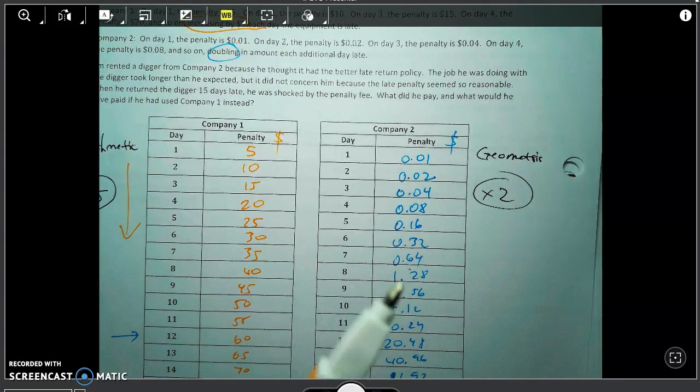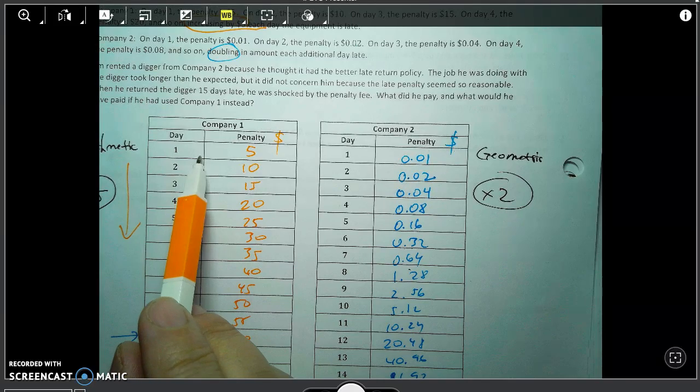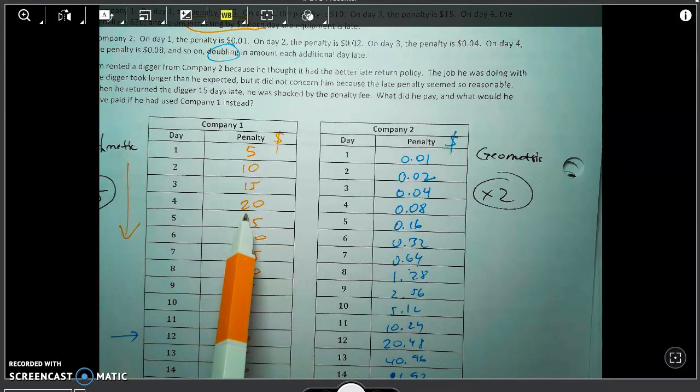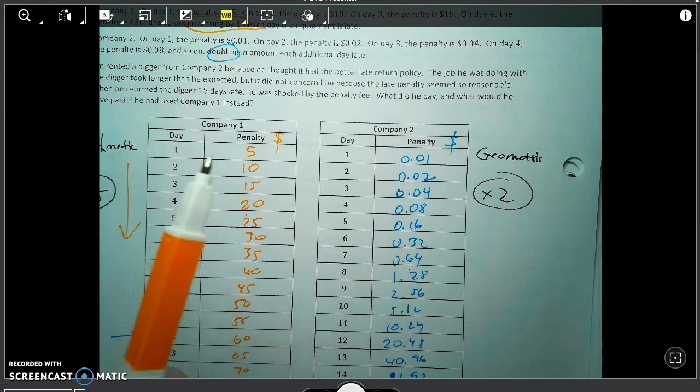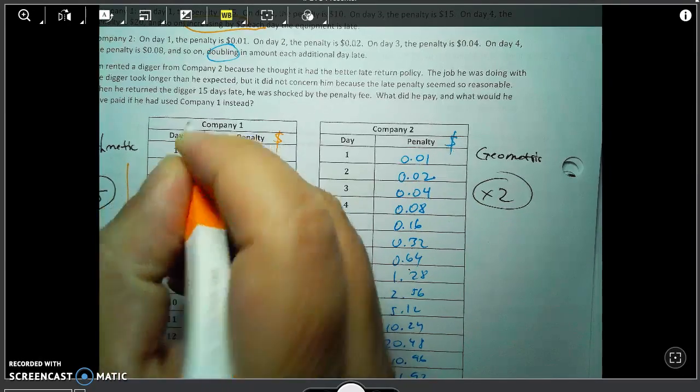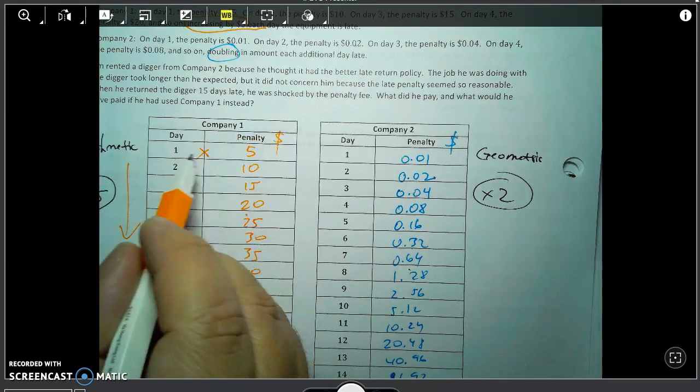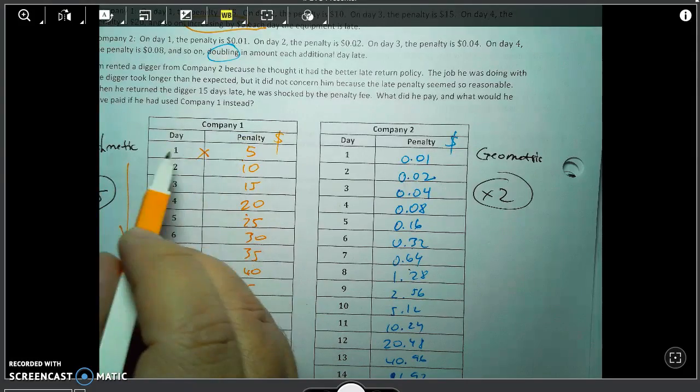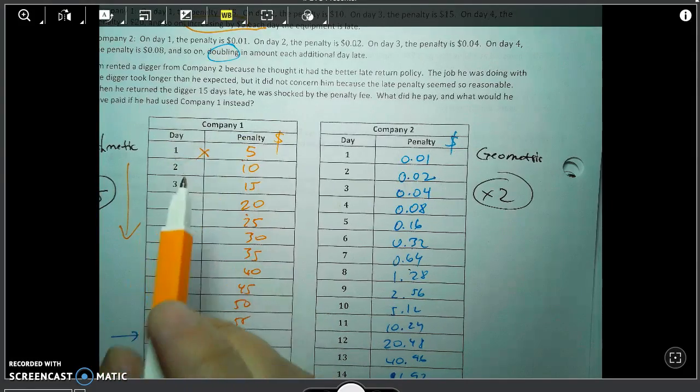We have to look at our table, and we realize that we're adding 5 each time. So the shortest way to do it is, what if we multiply the number of days times the penalty? So 5 times 1 is going to be 5.